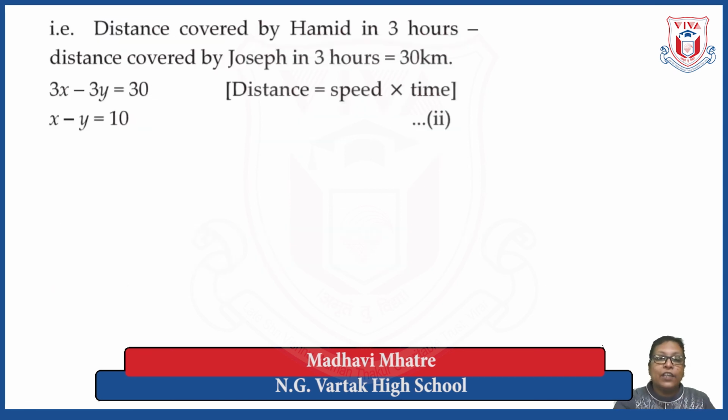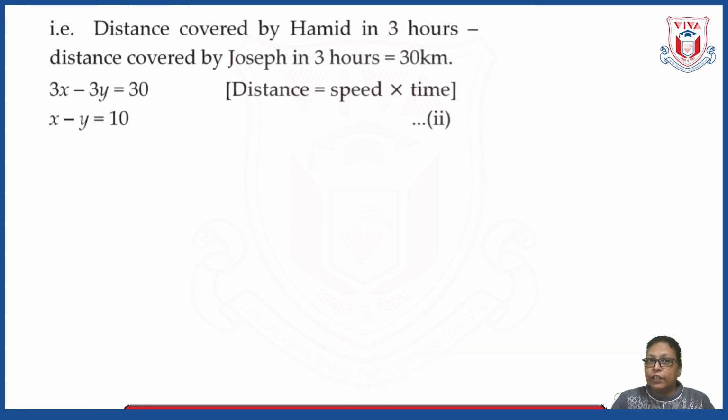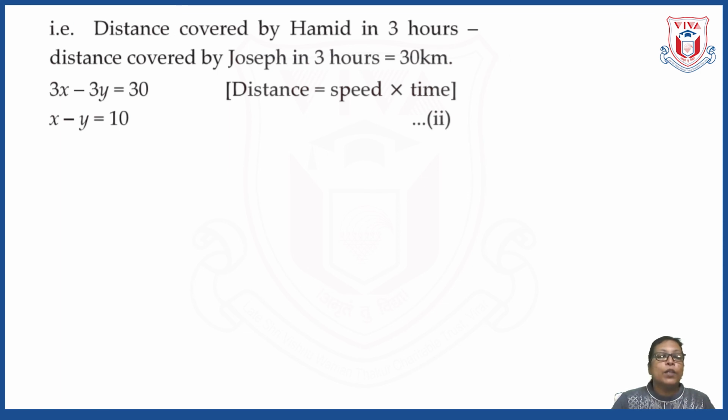So we can write down the equation as 3x minus 3y is equal to 30. You will observe that all the three coefficients are divisible by 3. So let us divide them by 3 and we will get one more simple equation as x minus y is equal to 10.